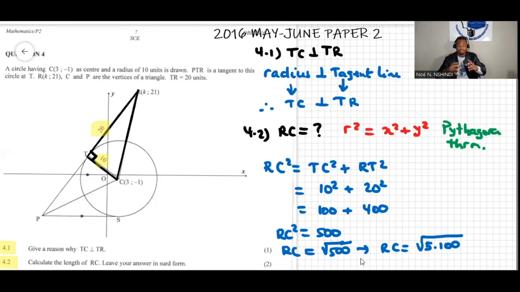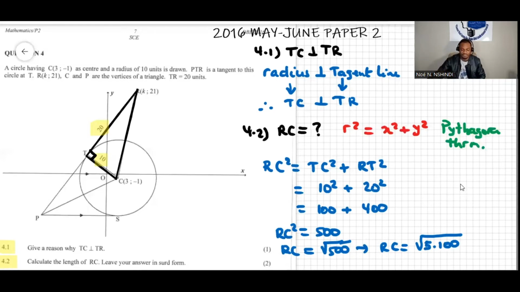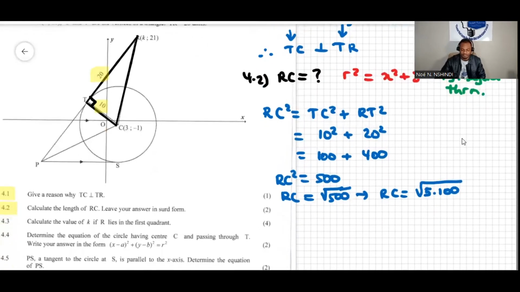The square root can be broken down into 2 roots, so RC will be equal to root 5 times root 100. The square root of 100 is just 10, so RC will be equal to 10 root 5.